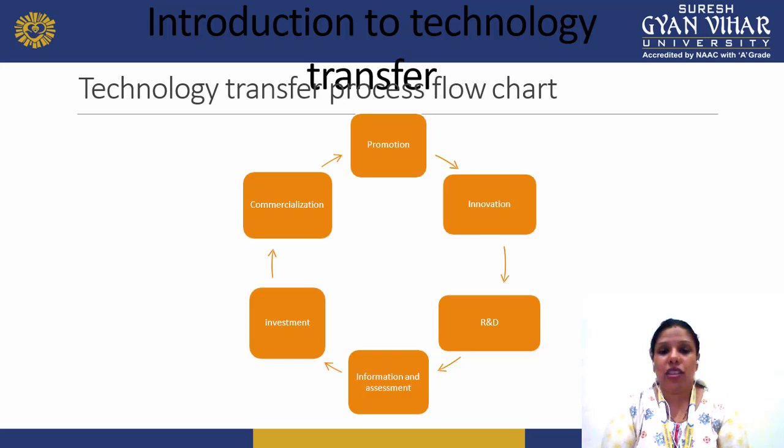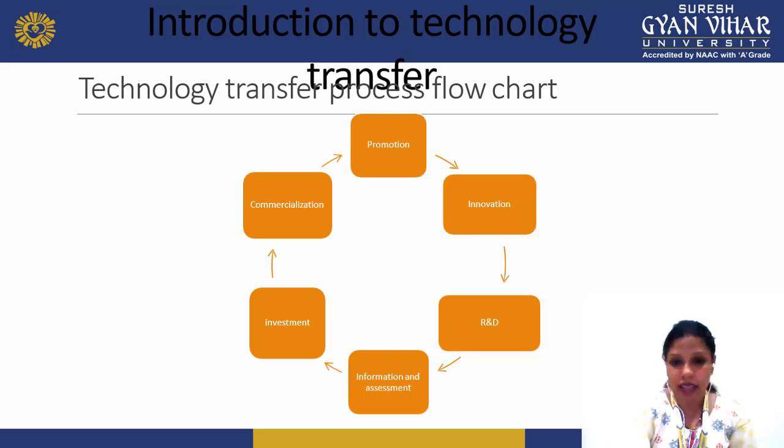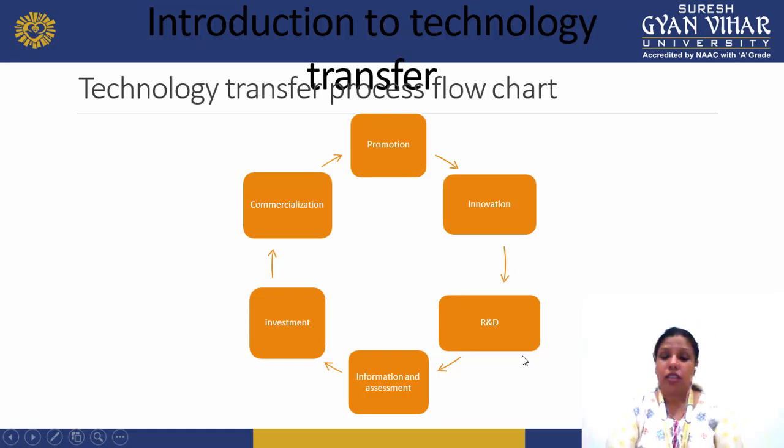Now the technology transfer process flow chart. Here you can see a circular flow chart related to technology transfer. It starts with R&D. For a certain product in R&D, it will go to information and assessment, where information related to that product is gathered and assessment is done.